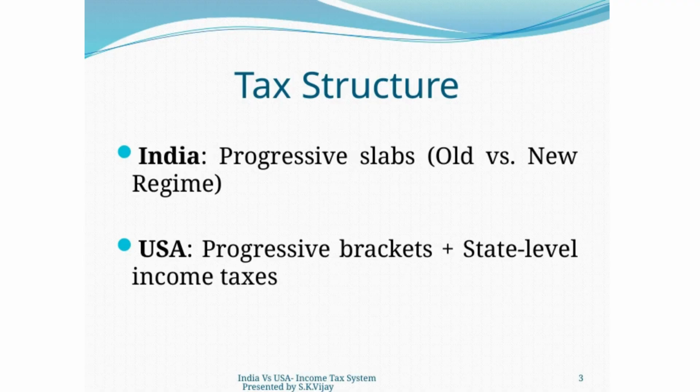Moving to the USA, the system is also progressive, but it expands further with multiple brackets. Plus, in addition to federal taxes, many states have their own income taxes, which adds another layer of complexity. This layered approach means taxpayers need to be mindful of both federal and state obligations.